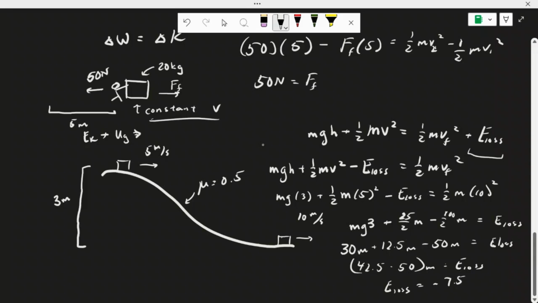Right, so we actually gained 7.5 joules of energy. So let's say that this has a rocket booster on the back. There we go. So that was my fault for the numbers that I used.